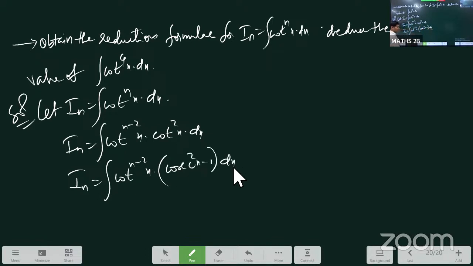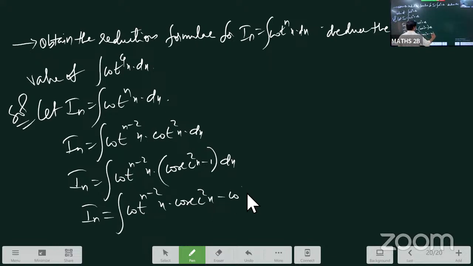Tan square x means secant square x minus 1. And cot square x means cosecant square x minus 1. Basic trigonometric formulas. So, In is equal to cot to the power n minus 2x into cosecant square x minus cot to the power n minus 2x dx. The cot to the power n minus 2x, you should multiply to this and this. Is it clear? Right.